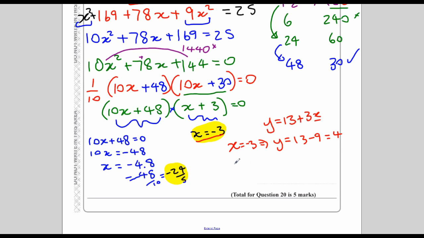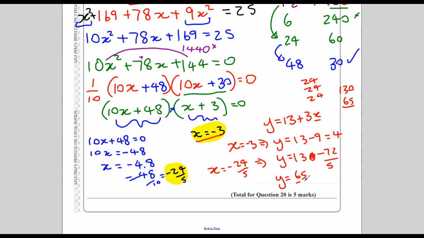That means that y is 13 minus 9, which is 4. So that's one answer. If x is minus 24 over 5, this is a bit trickier. y is 13 plus 3 times that. 3 times 24, well, it's 72, but it's a minus again. 13 is something over 5, so that's going to be, let me think, testing out my mental maths now. 13 times 5, well, 130 over 2, 65.